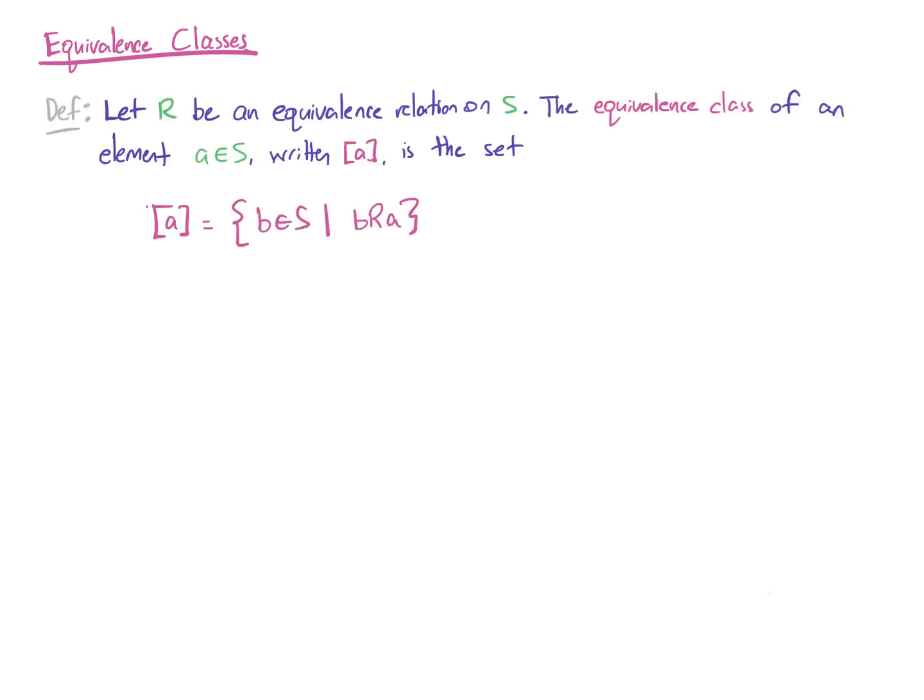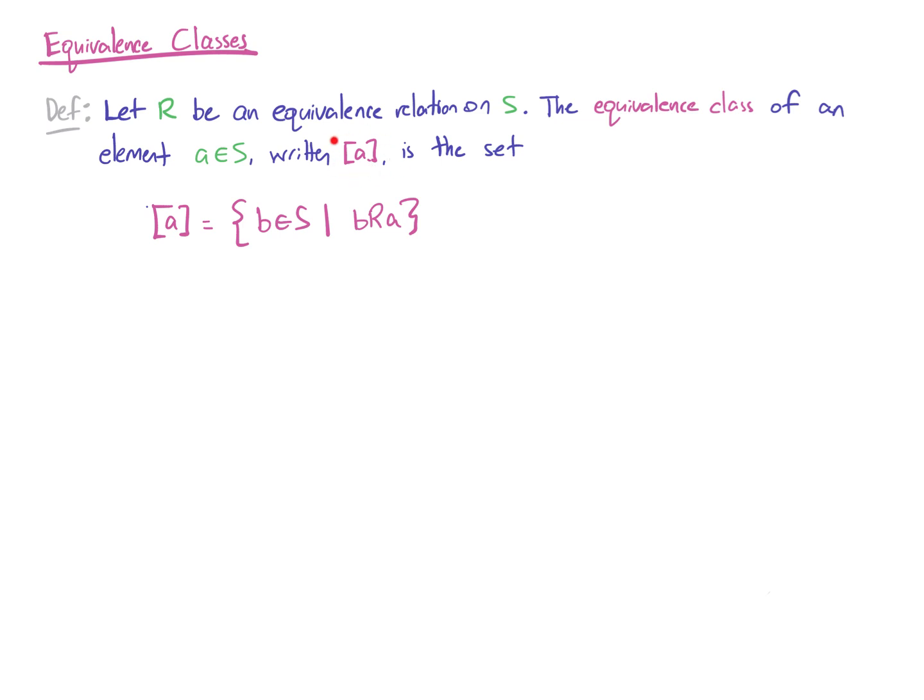An important fact about equivalence relations is that they divide up the set that we care about into distinct disjoint sets. Each of those sets is what we call an equivalence class. Formally, definition: if I have a relation that's also an equivalence relation on the set S, I can talk about the equivalence class of an element in that set, which I write using little brackets around that element.